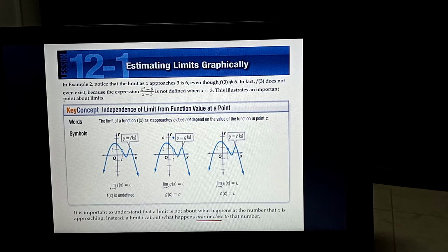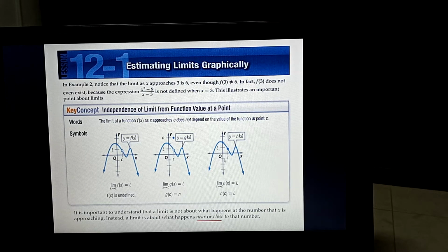Also, I have a limit here because when I approach c from the left and from the right, the function goes to the same point. It is L. And g(c), the value of the function here, is not equal to L. It is equal to n. It is different from the limit. So g(c) is equal to n.